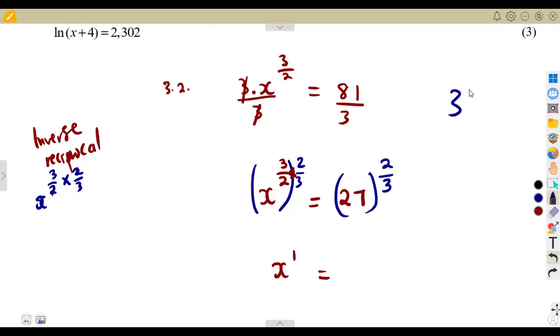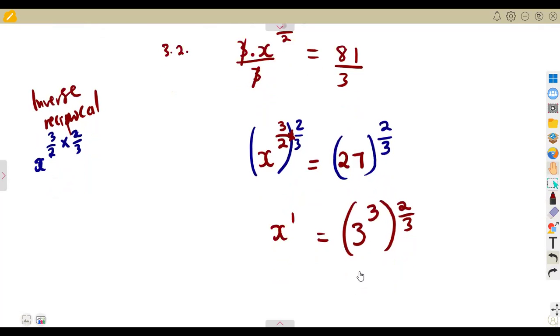Yes. 3 to the exponent of 3. That's 27. So in place of this 27, we can have 3 to the exponent of 3, being raised to the exponent of 2 over 3. If you have the simplest numbers, prime numbers, everything is just going to flow.